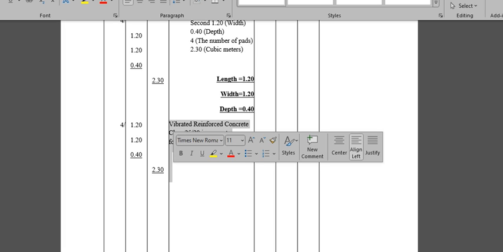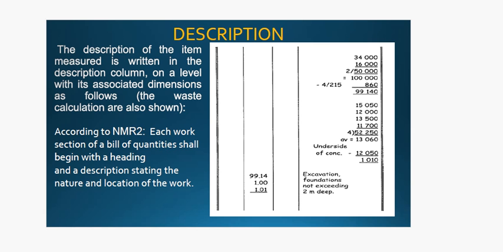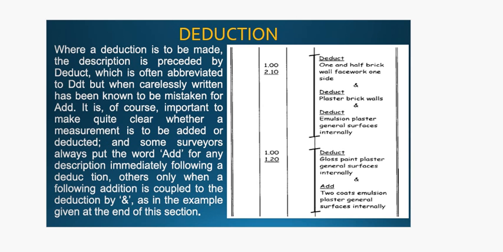For instance, the dimensions that you've entered and the quantity that you've got in cubic meters, plus that description, so that you make the items one thing. So you do what we call bracketing. That is what we'd like to see next.